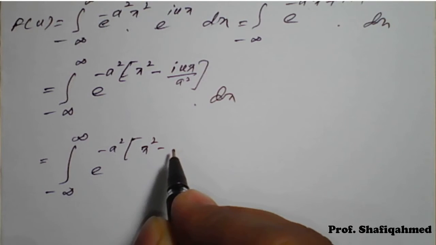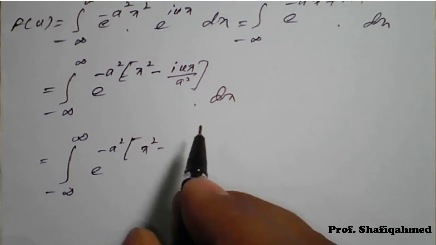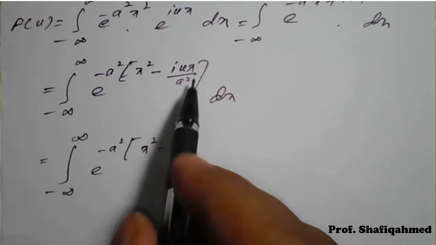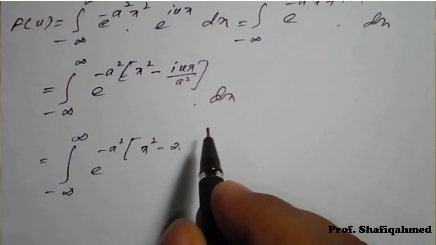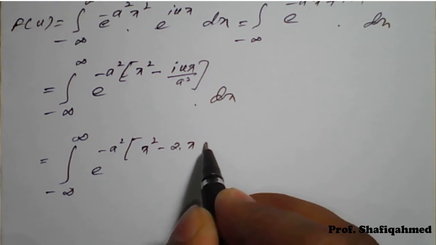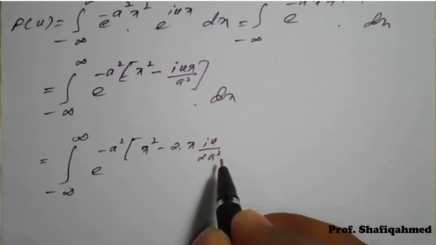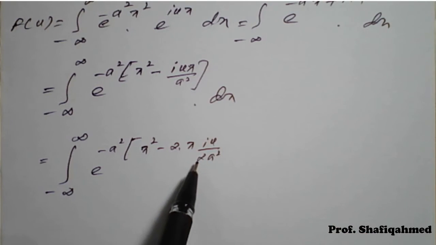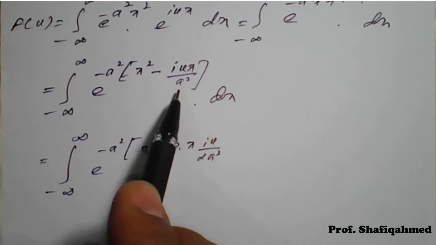We know that a minus b whole square is a square minus 2ab plus b square. So x square minus 2 times x into i u upon 2a square; I am multiplying by 2 as well as dividing by 2. If you observe, this 2 cancels and we get back our term i u x upon a square.